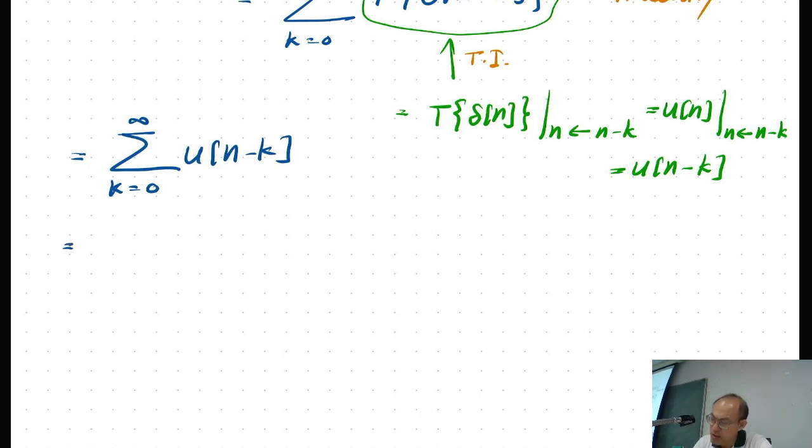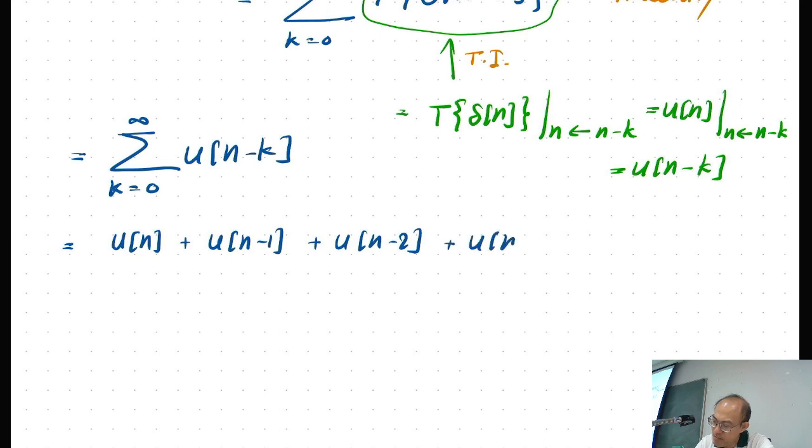When k is 0, you have u[n]. When k is 1, we have u[n minus 1]. When k is 2, you have u[n minus 2]. When k is 3, you have u[n minus 3], and so on. So what is this? Can you tell me what it is?